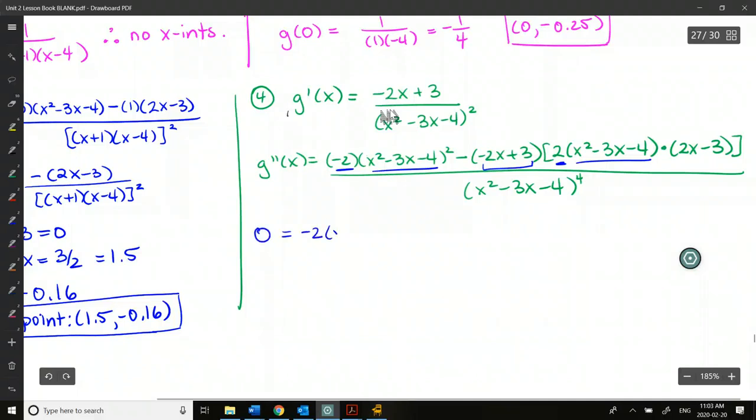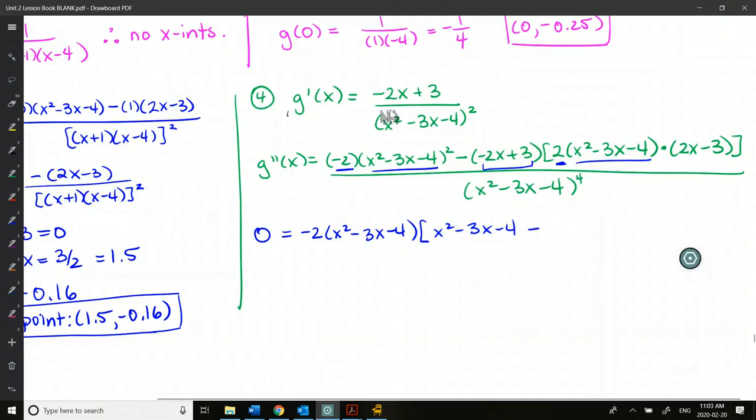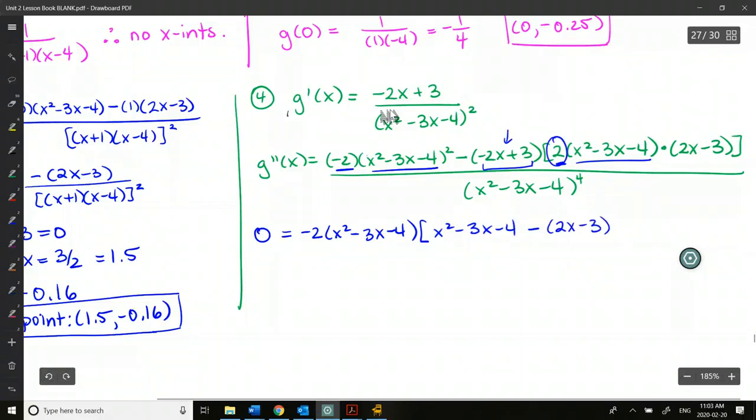So taking out a negative 2 and one of the x squared minus 3x minus 4's, we should be left with one of them in this first term. So just x squared minus 3x minus 4 minus, so I took out this 2 and I took out a negative from here, so it will be minus 2x minus 3 times another 2x minus 3 over here.